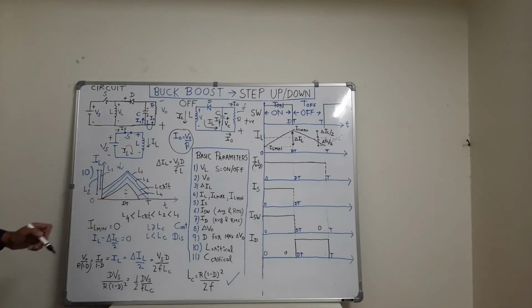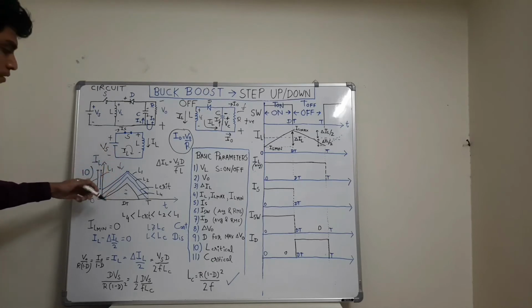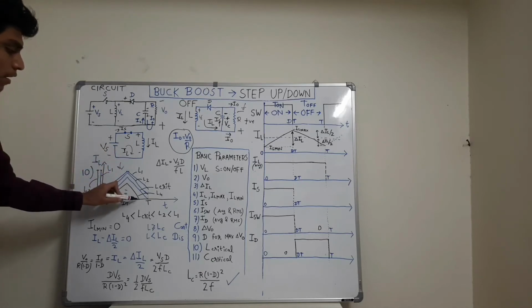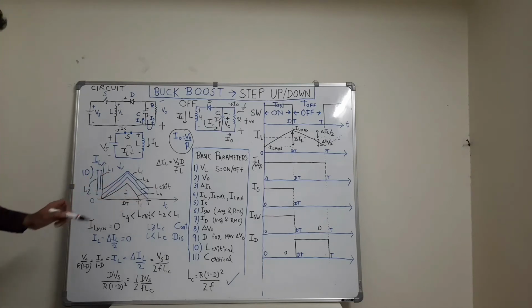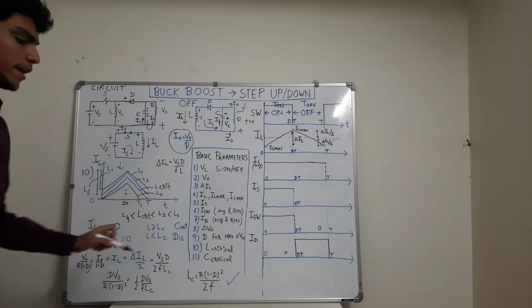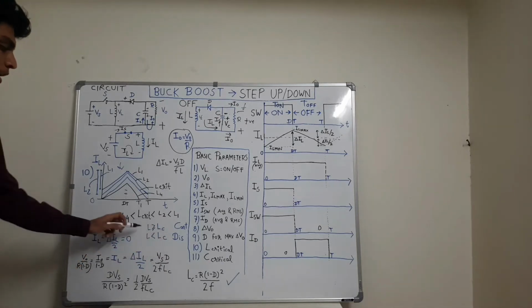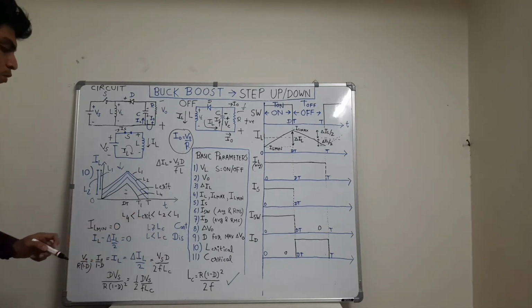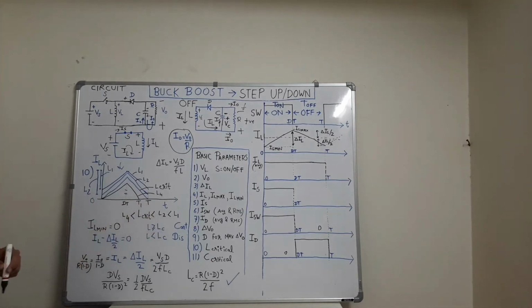For a still lesser value of inductance, L4, the graph will go further below, such that the conduction of the inductor will stop at this point and it will remain idle for the time, say, T1 to T. Such a mode of conduction, for inductance less than the critical value of inductance that we will derive, will be discontinuous, and for L greater than or equal to L critical, that is L1, L2 or L crit, the mode is continuous mode of operation.